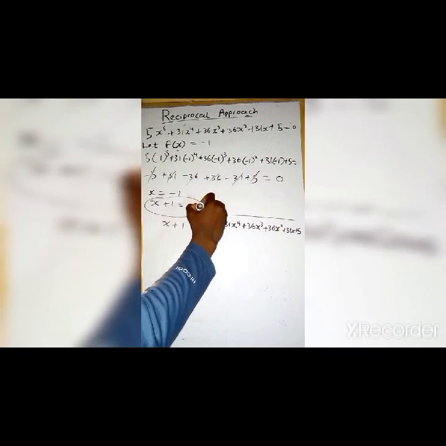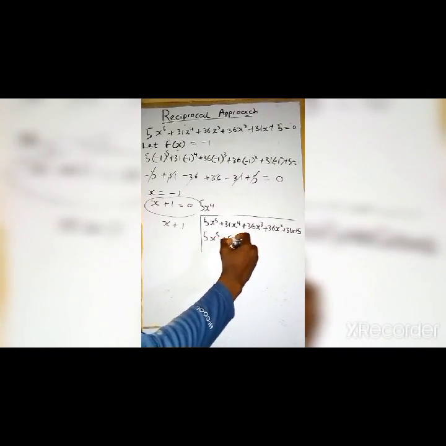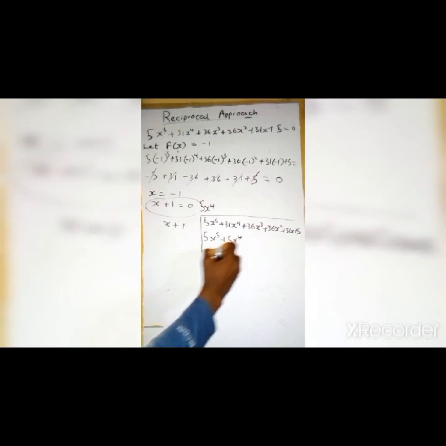So now x divided by this, we have 5x raised to the power 4. After this raised to the power 4 multiplied by this, we also have 5x raised to the power 5 multiplied by this plus 5x raised to the power 4. So the next thing we have to do is to subtract.